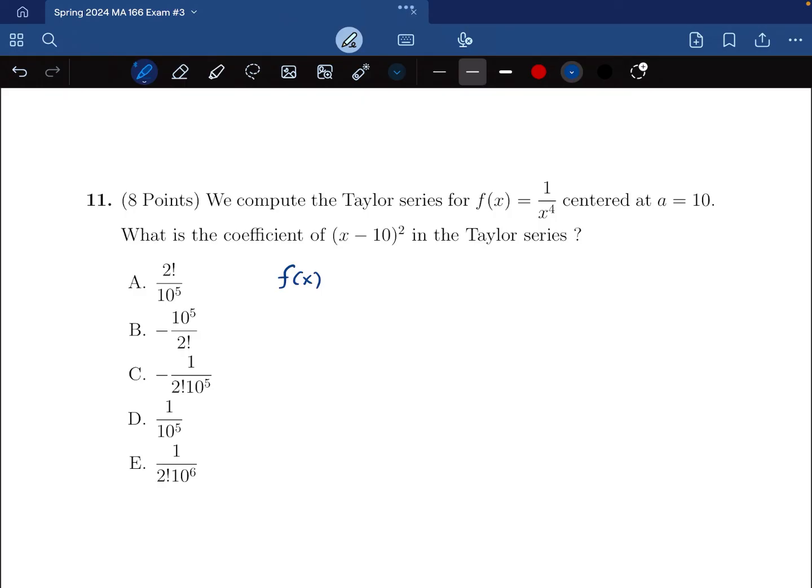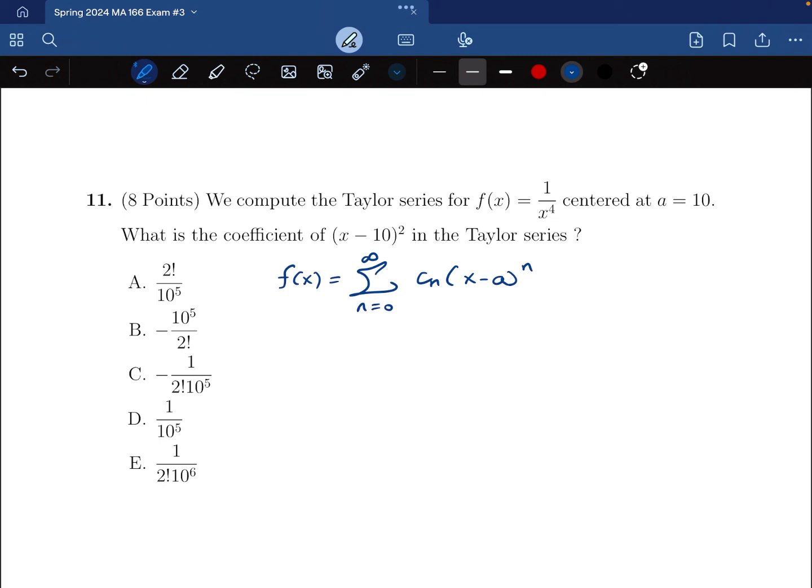So you can rewrite it as f of x is equal to the sum of n equals 0 to infinity of Cn, this is a constant, times x minus a to the power of n. So this is a general form of a Taylor polynomial.